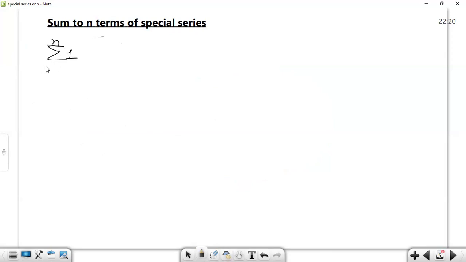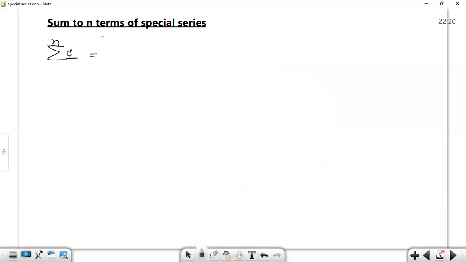So just tell me the meaning of this now. If I have not written any lower limit, that means n equals 1, the lower limit is 1. This function will have its first input as n equals 1.